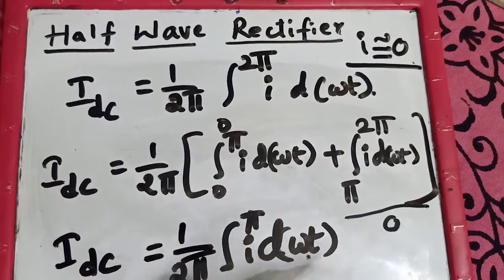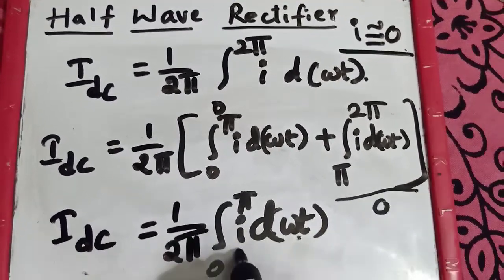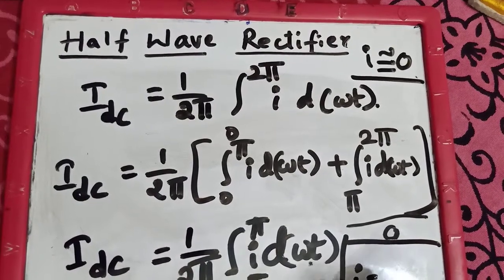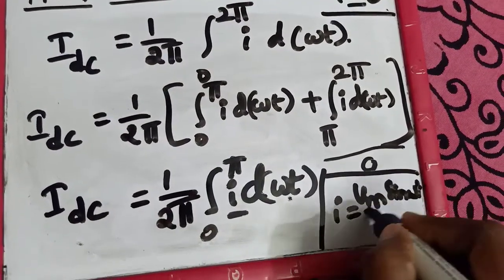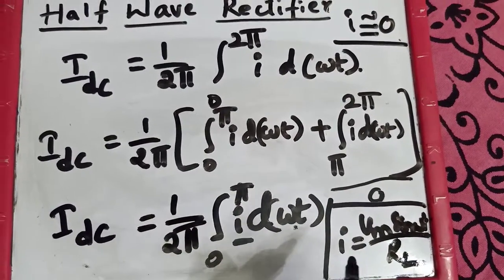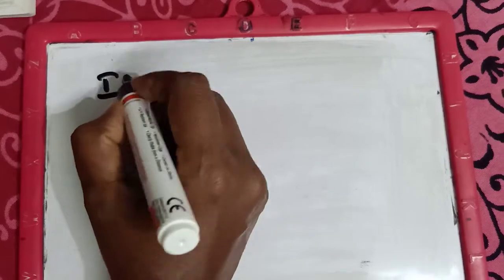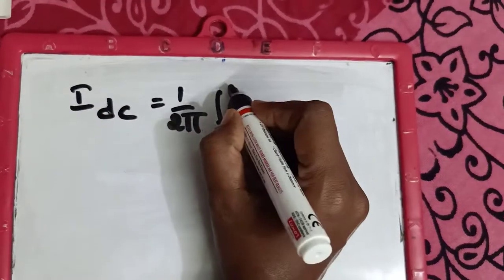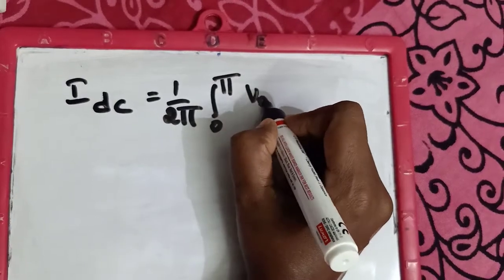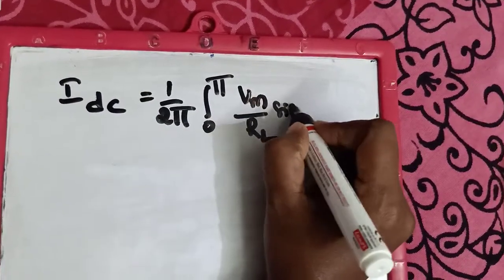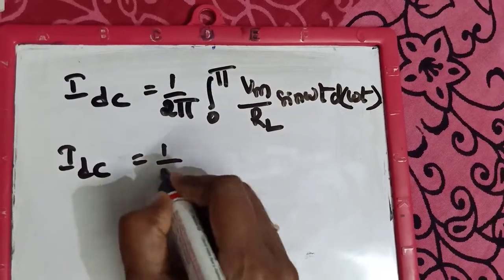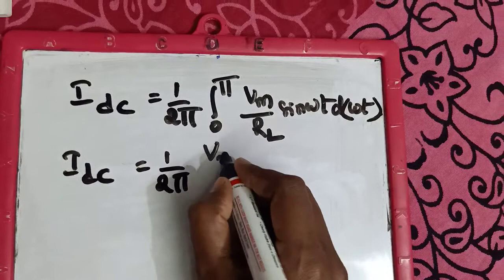If we simplify this equation, substituting I = Vm sin ωt by RL, we get IDC = 1/2π times the integral from 0 to π of (Vm/RL) sin ωt d(ωt). Vm and RL are constants, so they are taken outside.